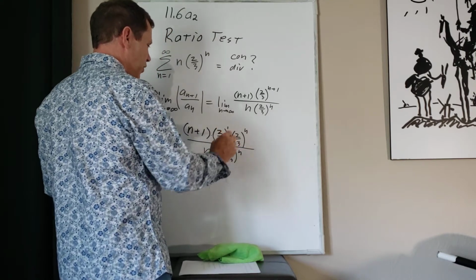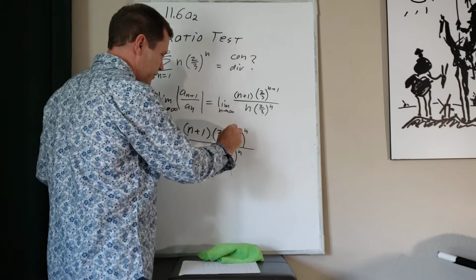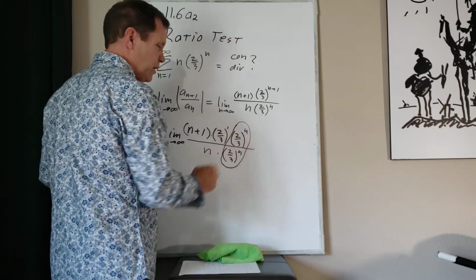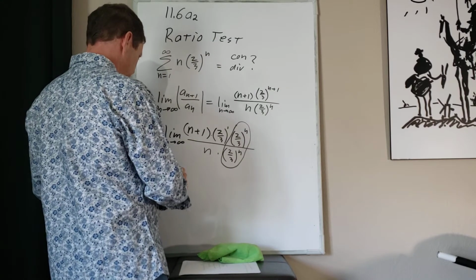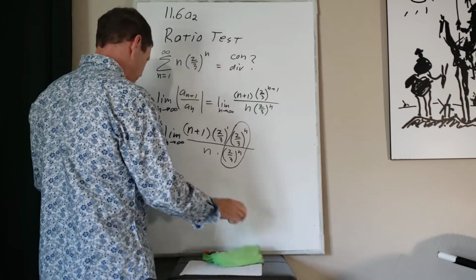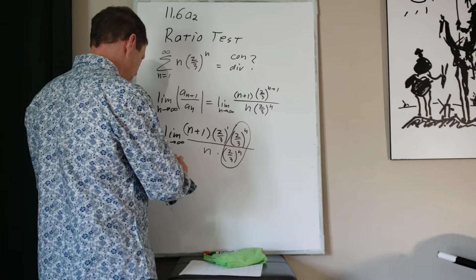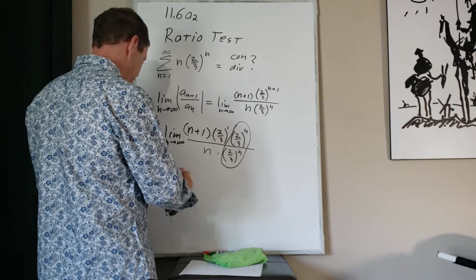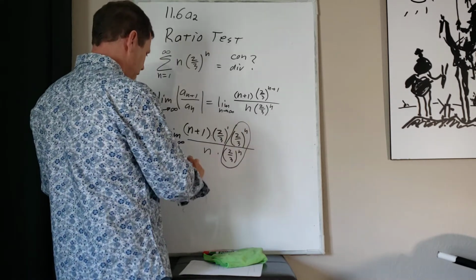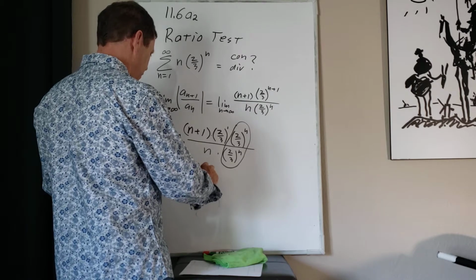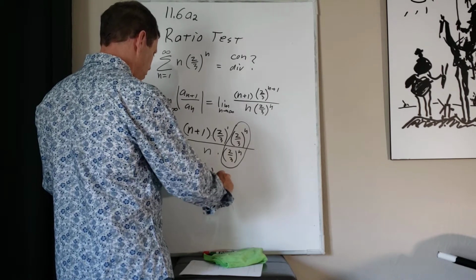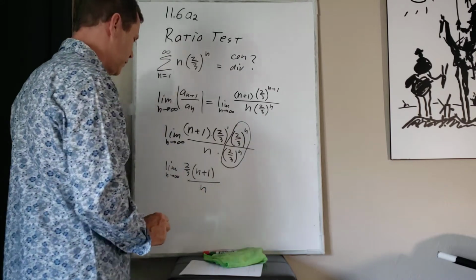Now all these guys are multiplied. Therefore, this thing right here is a big fat 1. So this thing equals the limit as n goes to infinity of, that's gone, and I got 2/3 times (n plus 1) over n.